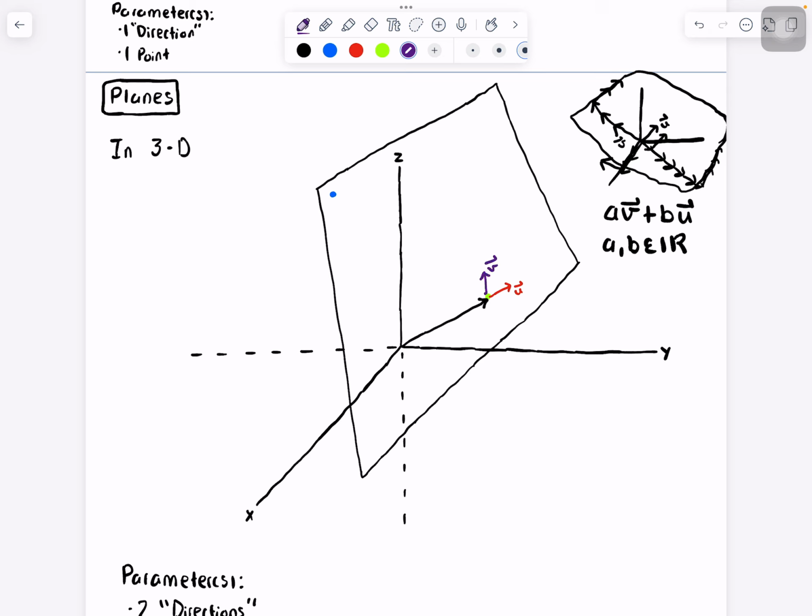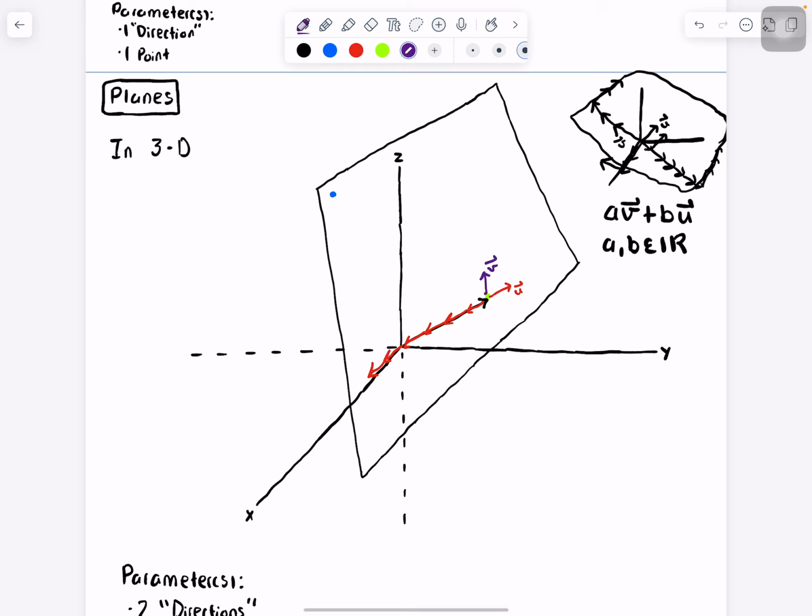So you can imagine now, from this known point, to get to this blue point, I would need, let's see here, 1, 2, 3, 4, 5, 6. Not the best vector addition. And then upwards to this blue point.